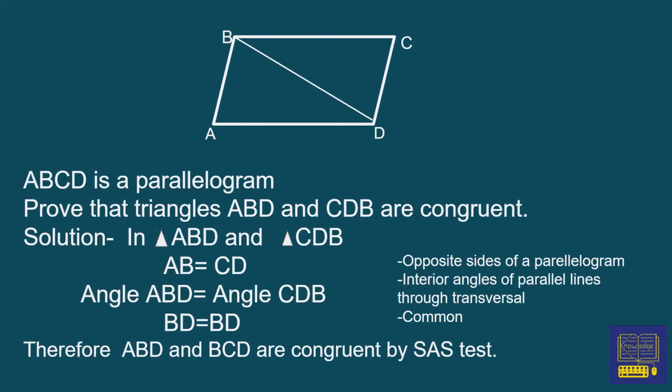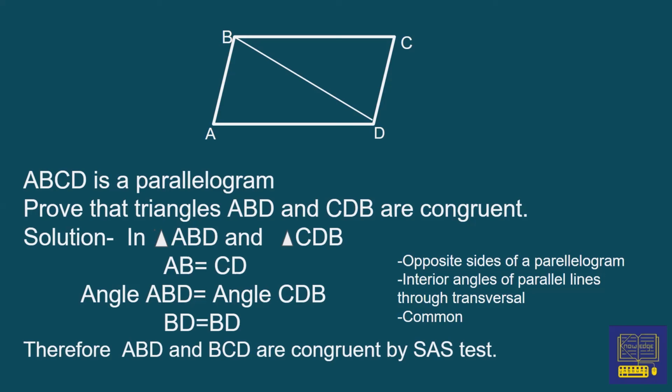Another example, ABCD is a parallelogram. We need to prove that the triangles ABD and CDB are congruent. Now here we need to remember the properties of triangles and the properties of parallelograms. So AB is equal to CD, as opposite sides of a parallelogram are equal.